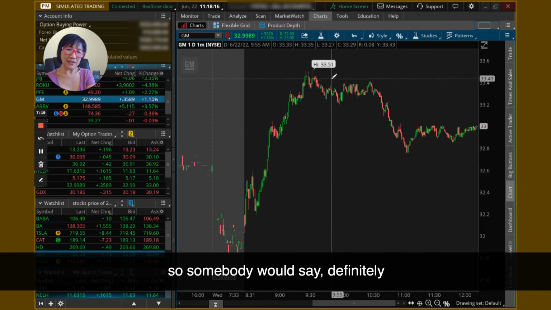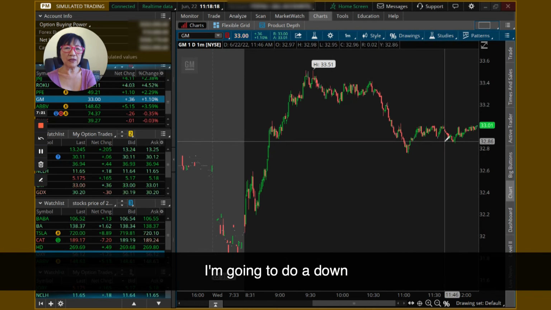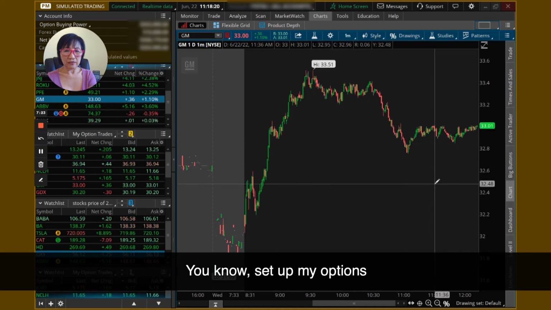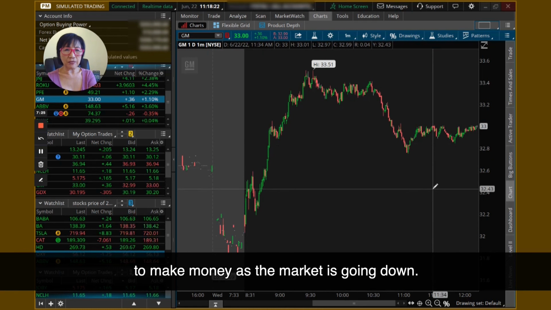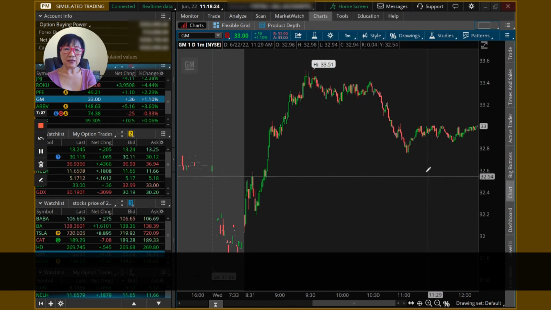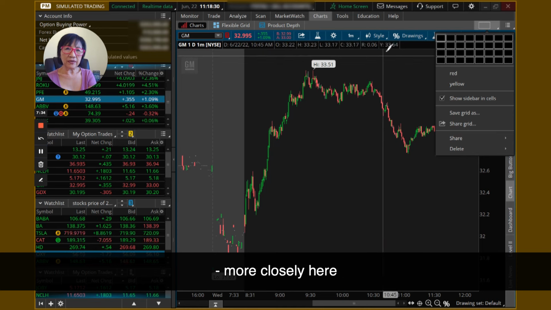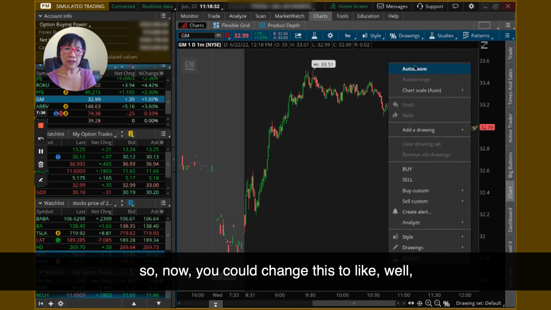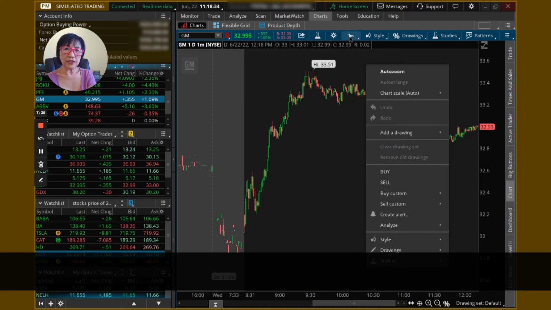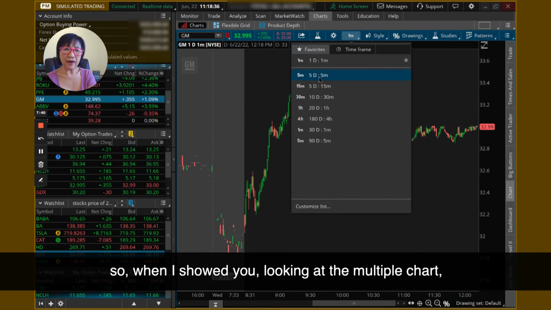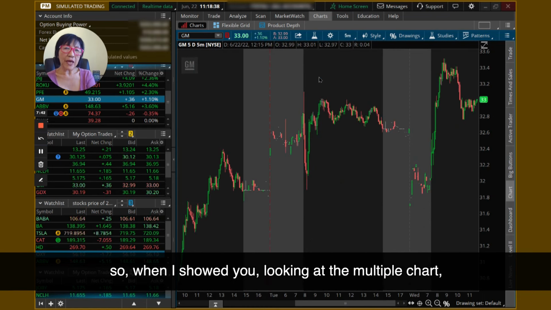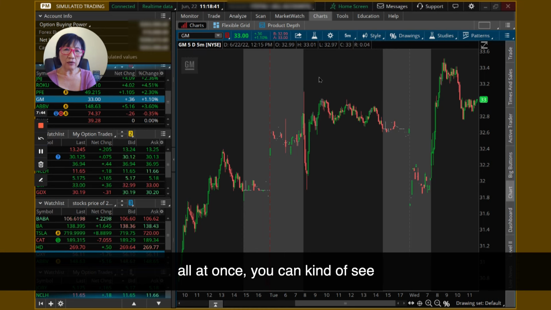So somebody will say, definitely, I'm going to do a down market, set up my options to make money as the market is going down. Now, we're just going to look more closely here. So now you could change this to, let's look at 5-day movement. When I showed you the multiple chart all at once, you could kind of see.